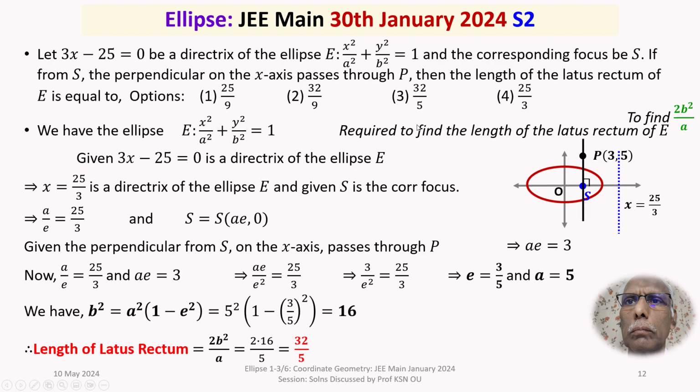So, where is the answer? The answer is appearing against option 3. Therefore, the answer to this question is option 3, and that is the detailed discussion of the solution of this problem. And it is a simple problem, but you need to remember all the formulae. Then this will be easier.